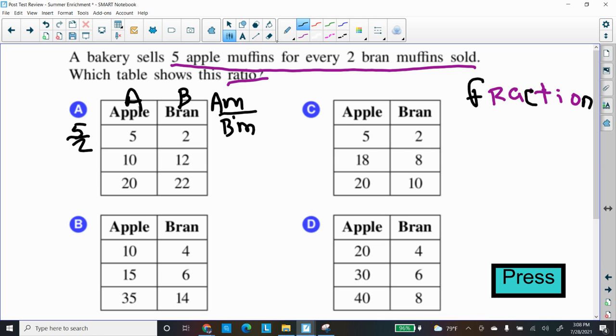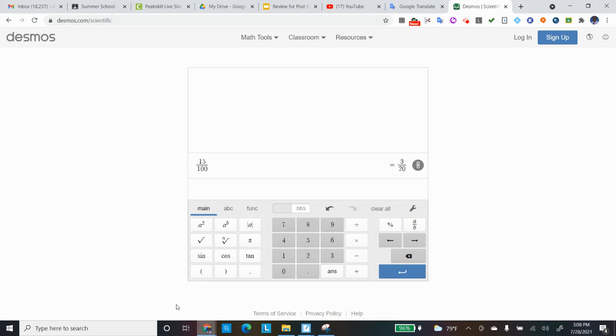So here is my second one. I'm going with A. So 10 apple muffins for 12. Does that equal 5 over 2? Get my calculator. I don't think so. Let me type in that and see if I get that. Let's clear that.